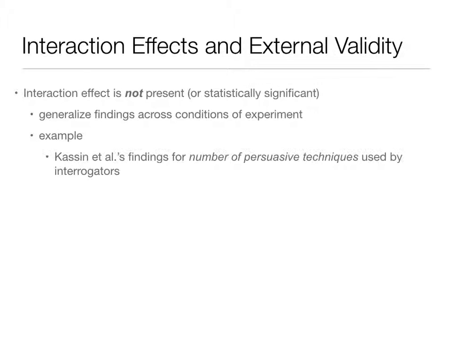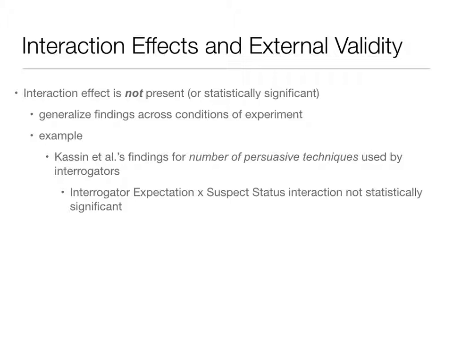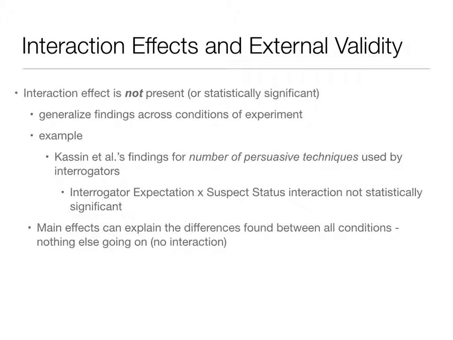An example of this from the Kassin study is the number of persuasive techniques used. It was not a statistically significant interaction. So we can take those main effects and generalize them for all conditions because nothing else is going on, right? There's not an interaction.